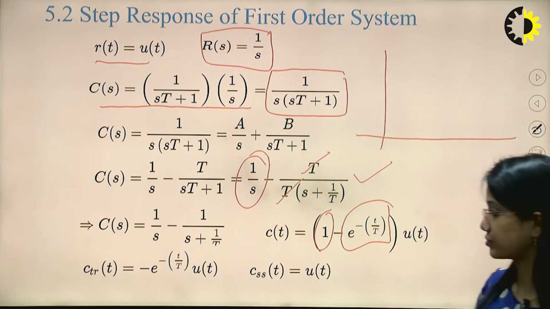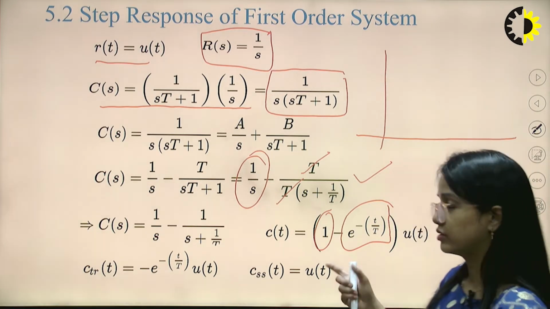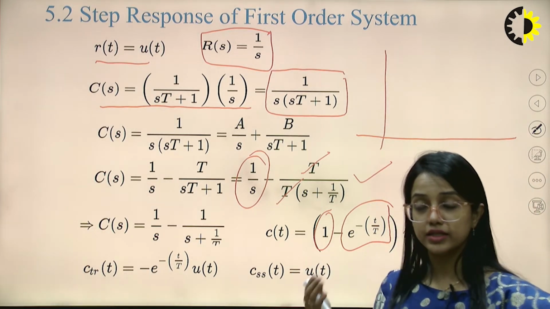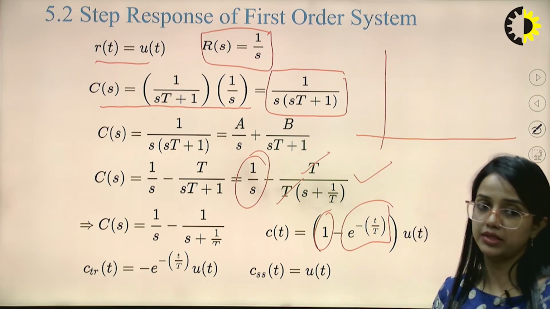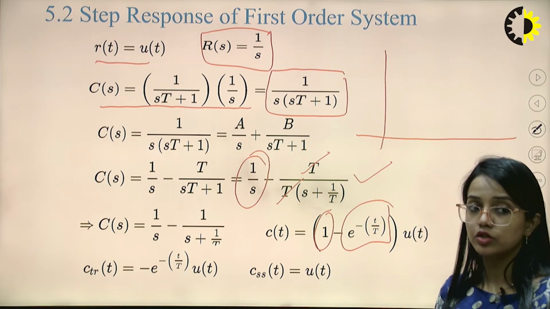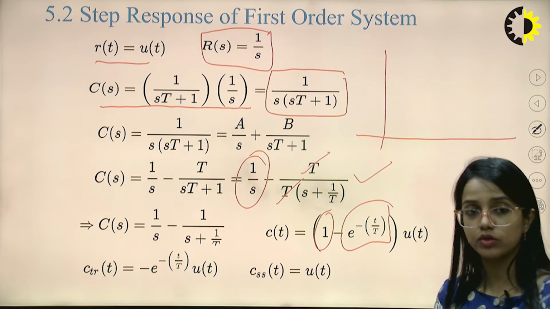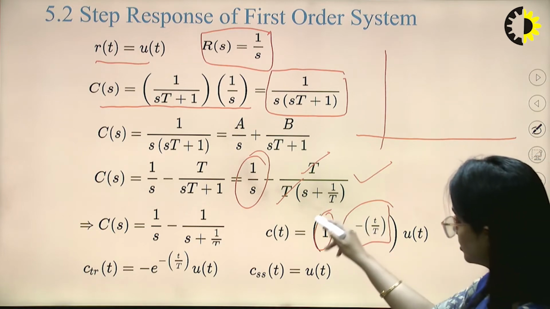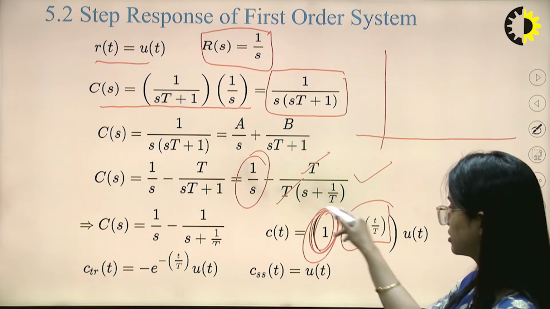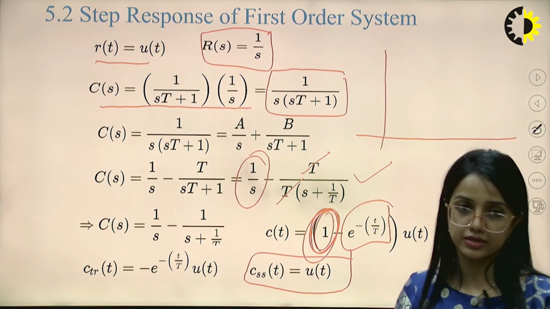Now, steady state output: steady state means when the system has attained settlement, when the system is showing no change with respect to time. So we can see that this is a constant, a steady state. Of course, this will come as c_ss.